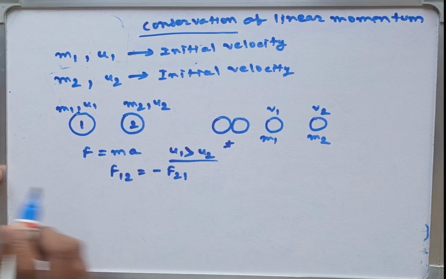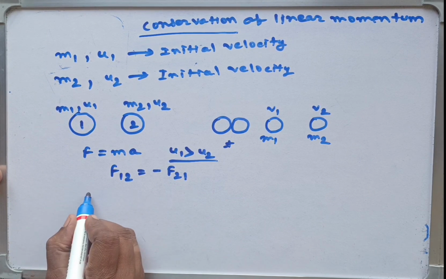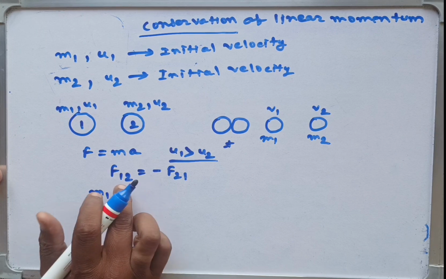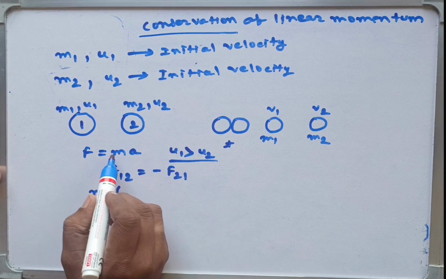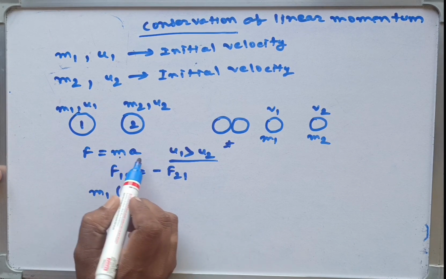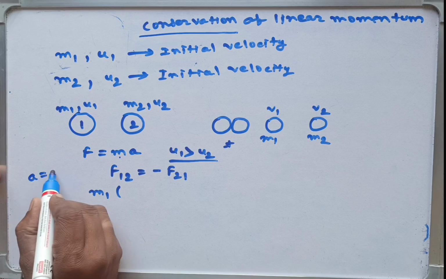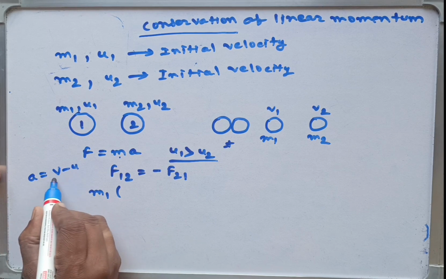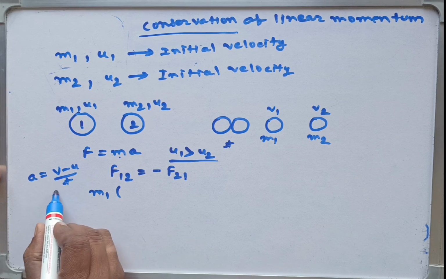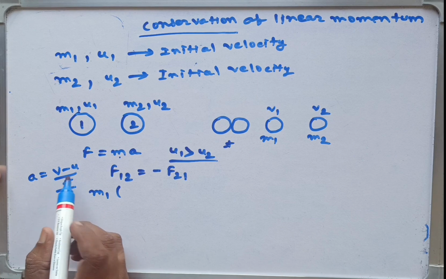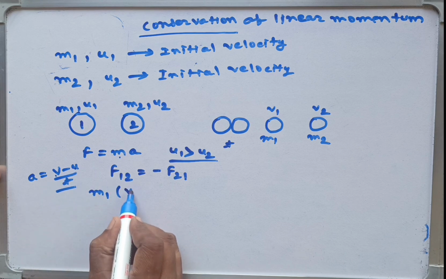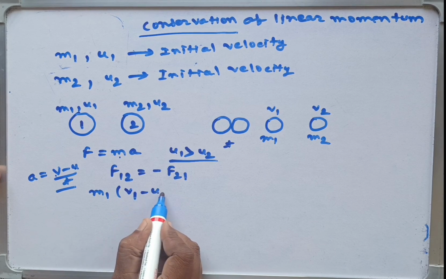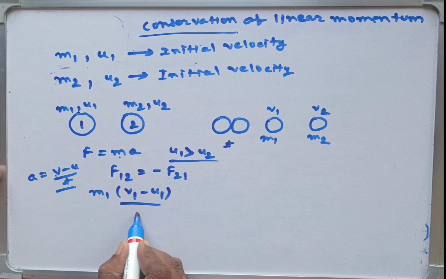Now we can write for m1, the force is equal to mass times acceleration. Acceleration equals v minus u divided by t, where t is the time lapse when the velocity changes from u to v. So here it is m1 times v1 minus u1 divided by t.